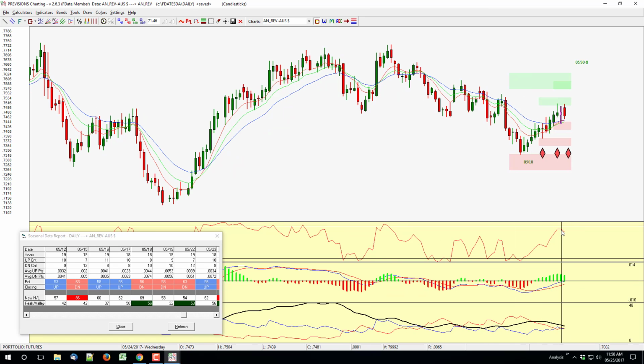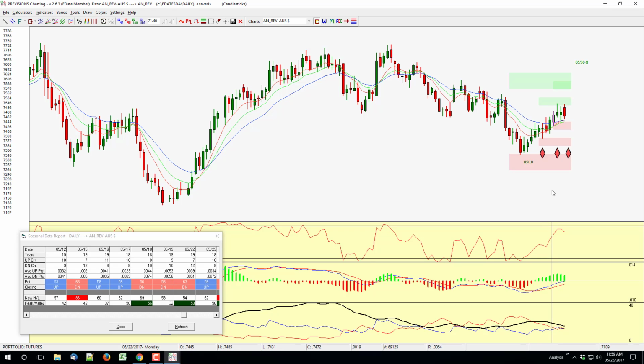I'm still going to expect it more likely to go into overbought before it comes back here, rather than it's going to be quitting here and going down here. That is always my expectation until something tells me that I'm wrong in that expectation. And I can assure you that rarely happens when I'm looking at this particular indicator in conjunction with these others.